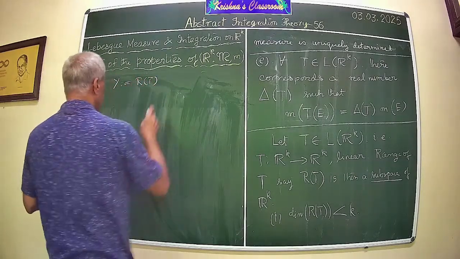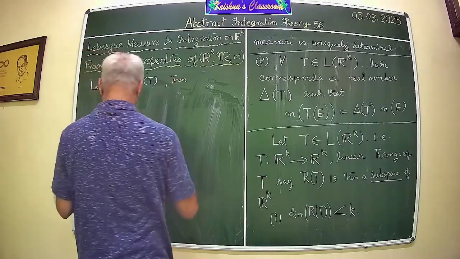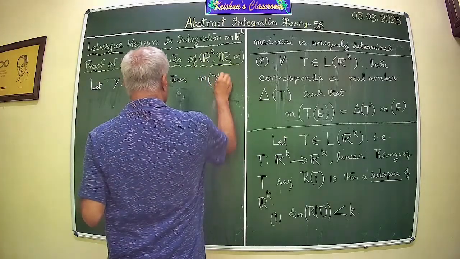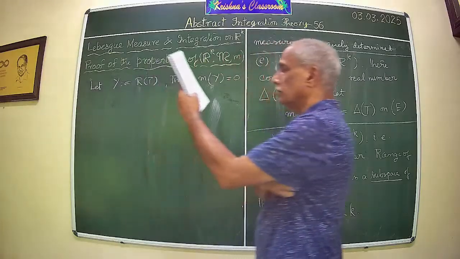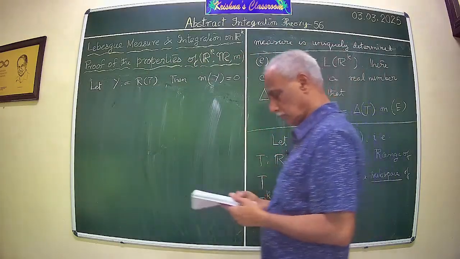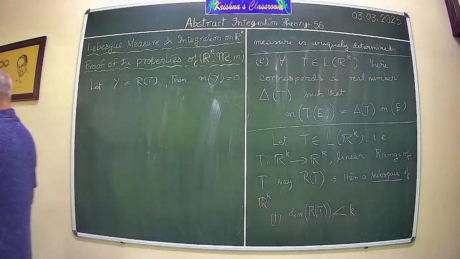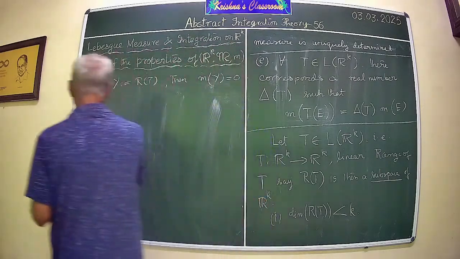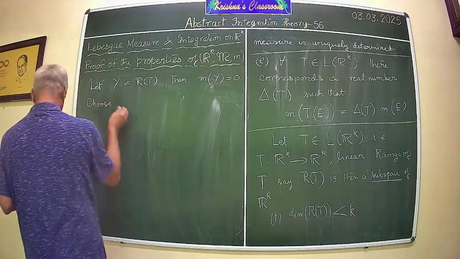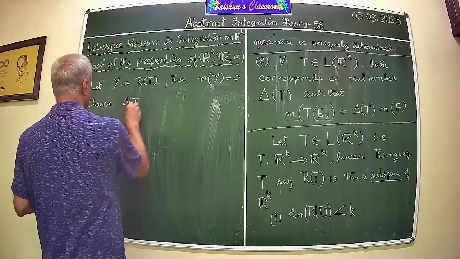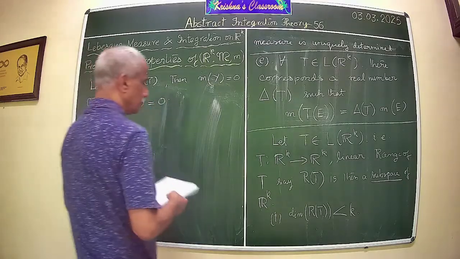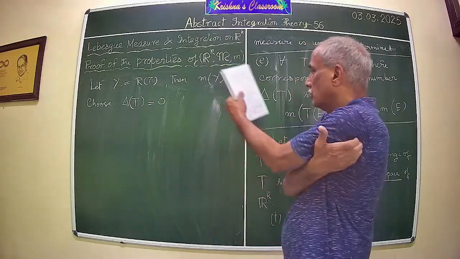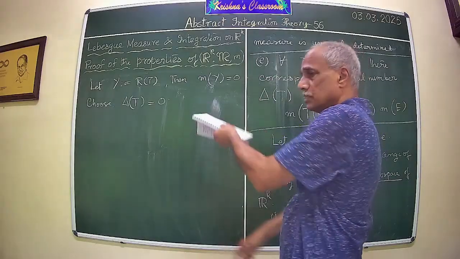The image is a set of measure 0, therefore for any subset this is also true.